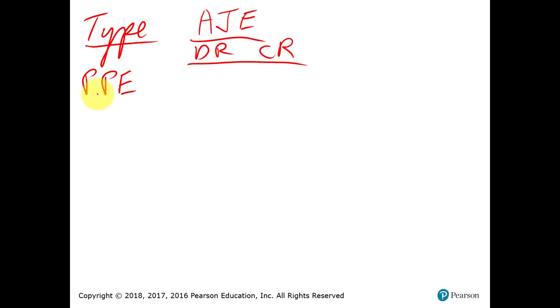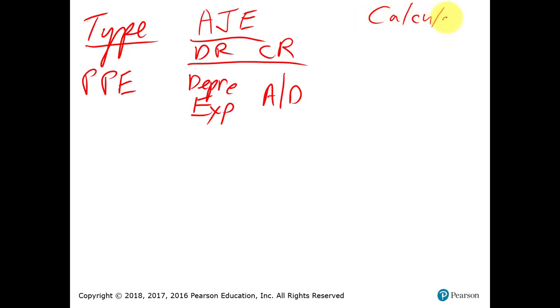So in the case of property, plant, equipment, the name of the expense is depreciation expense, something that you've probably heard a lot of in previous accounting classes. And you all guys remember the account we credit, yeah, accumulated depreciation, that contra asset. And the calculation, really not the detailed numbers, but the name we use.